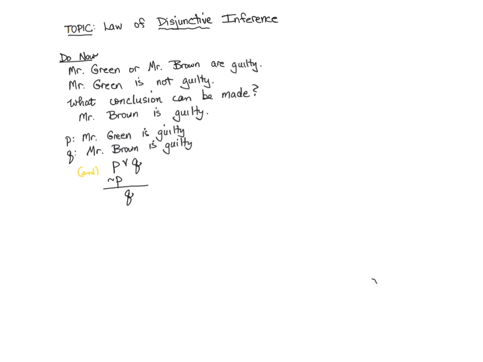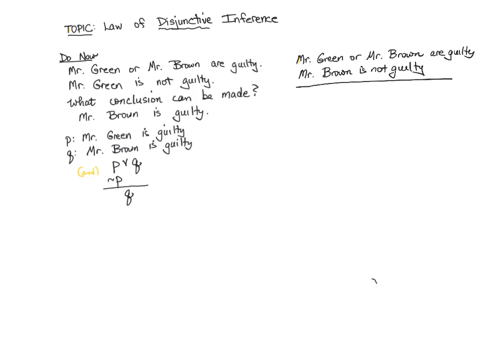If Mr. Green or Mr. Brown are guilty, or both, of some crime, and we find out that Mr. Brown is not guilty, then the conclusion we can draw is that Mr. Green must be guilty.